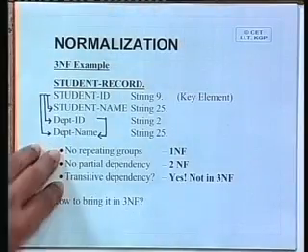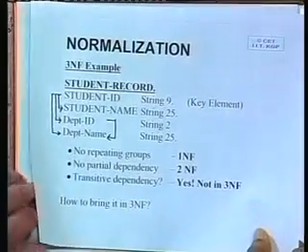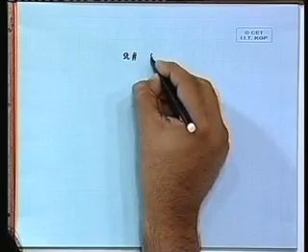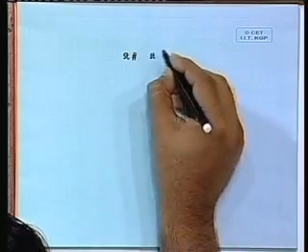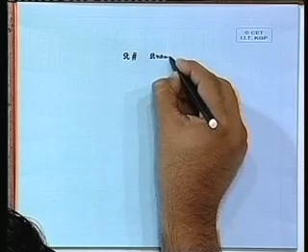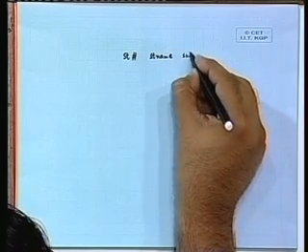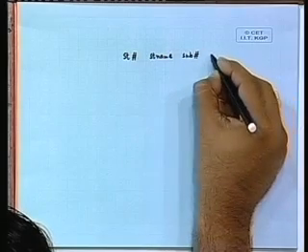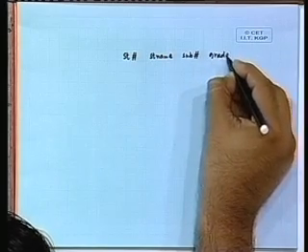Oh, non-full dependency, right. So, let me show you. Suppose you have student hash, student name, subject hash and grade, right.